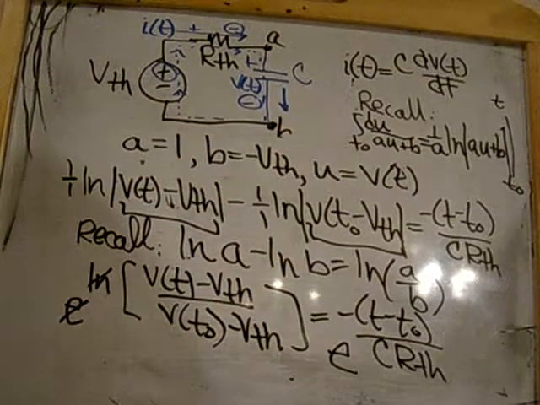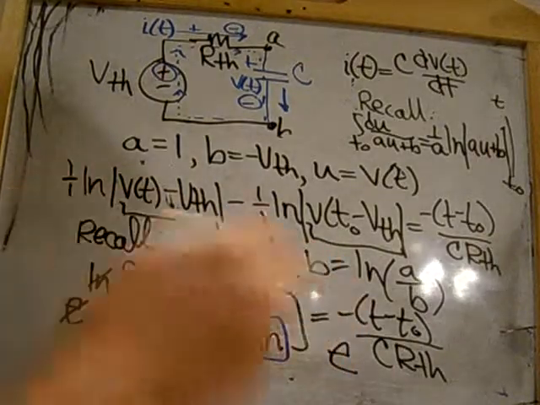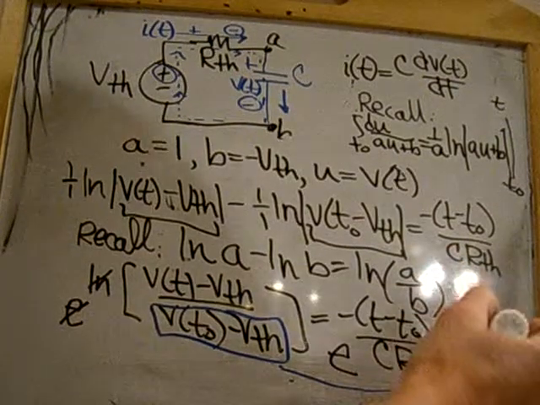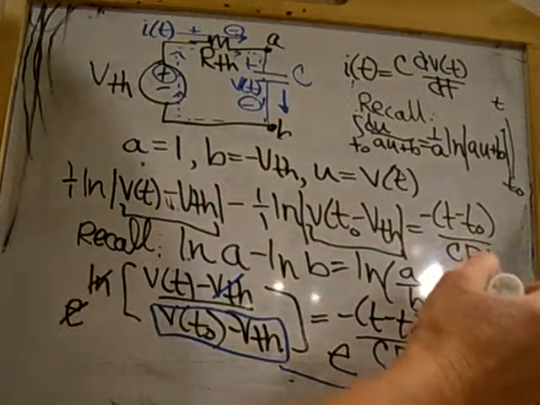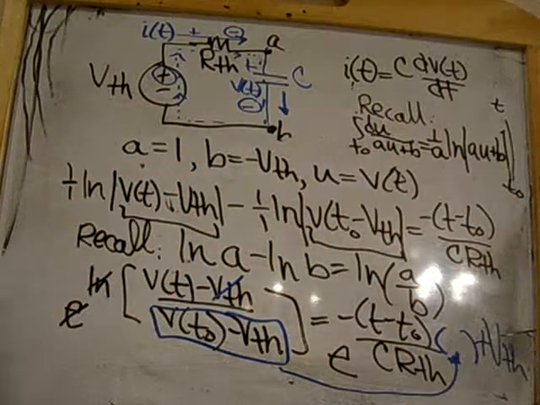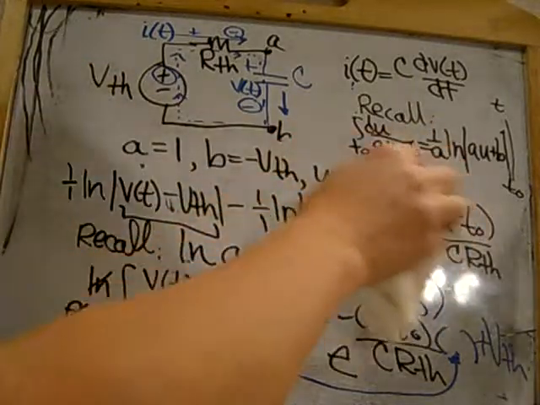I can then multiply this on each side. So I can take that quantity over here and multiply it. And then I can add this VTH so that I have the function form of just V of t equal to something.